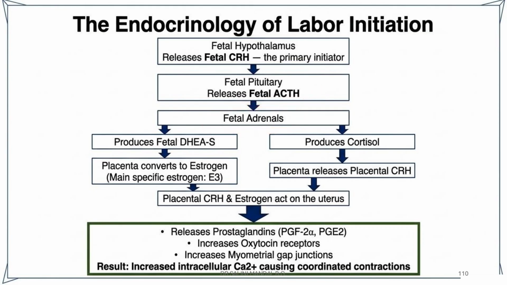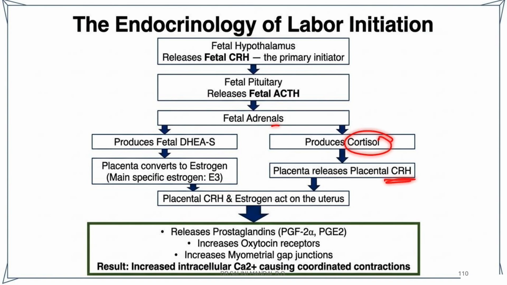Fetal adrenal is going to produce fetal dehydroepiandrosterone sulfate. That is going to go into the placenta. The placenta converts it to the estrogen, that is E3. Correct.